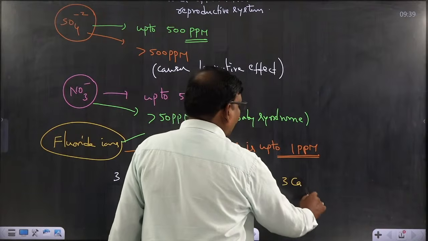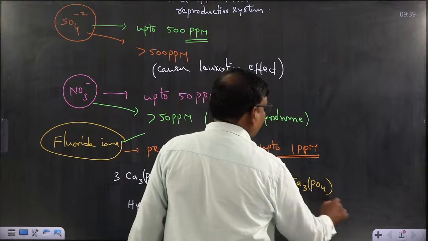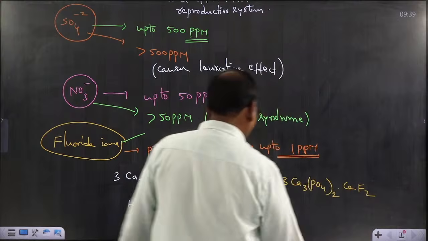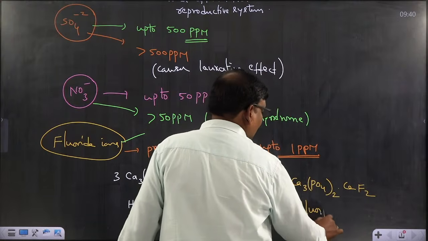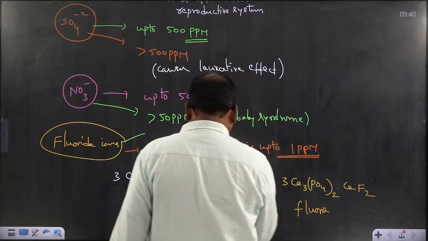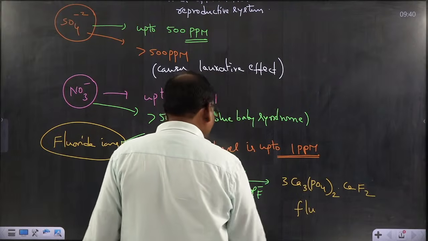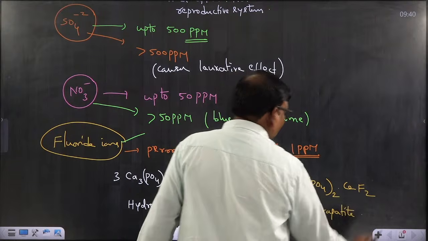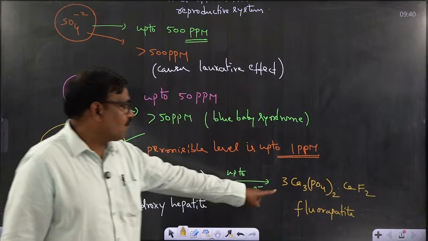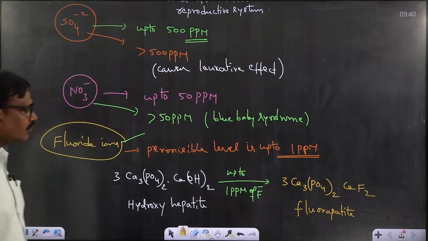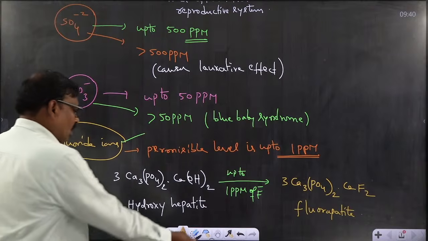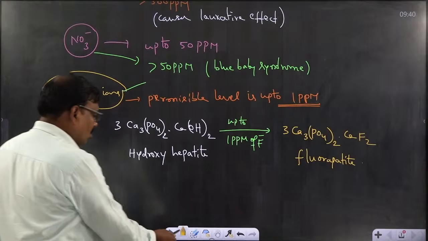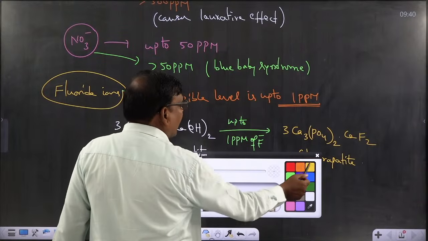The formula of fluorapatite is Ca3(PO4)2, CaF2. This fluorapatite is useful to protect the teeth, so the enamel of teeth contains fluorapatite. The minimum permissible level of fluoride ions in water is 1 ppm. More than 1 ppm causes adverse effects.